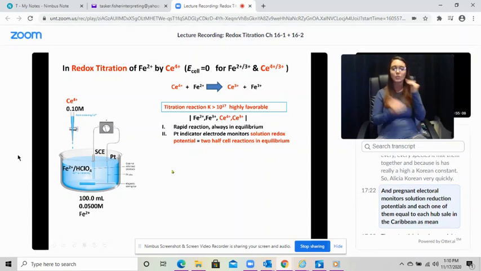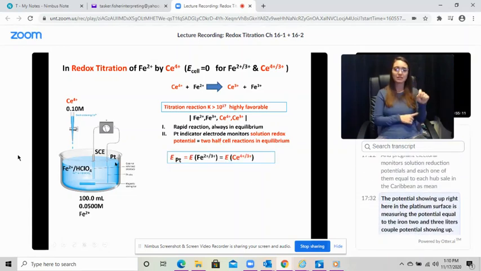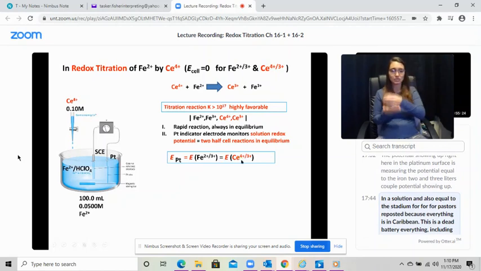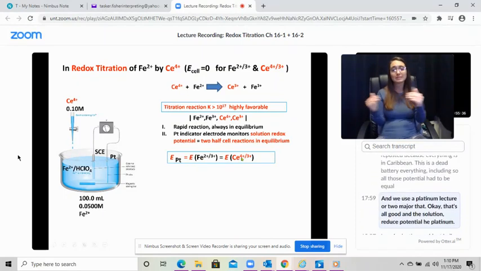That means the potential showing up at the platinum surface is equal to the iron 2, iron 3 redox couple potential in the solution, and also equal to the cerium 4 positive, 3 positive couple, because everything is in equilibrium. This is a dead battery, everything in equilibrium. So all of those potentials have to be equal, and we use a platinum electrode to measure that.